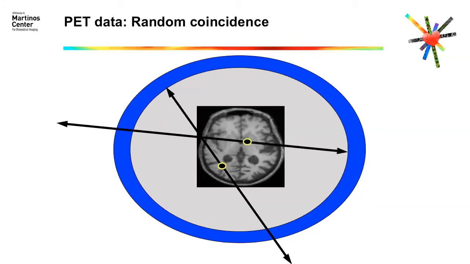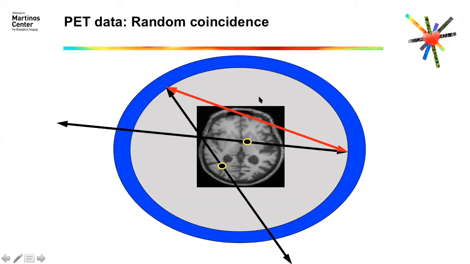So if at the same time there is another event like this one, where one of the gamma rays hits one detector but the other one is lost, those two, if they happen at the same time, again in coincidence, can be considered as a true coincident event, and we will assign a wrong line of response. This is what is called a random coincidence. It happens only when these two events are coming from two different positron emitter sources, but are hitting the detectors exactly at the same time, in coincidence, and that's what is called a random coincidence.